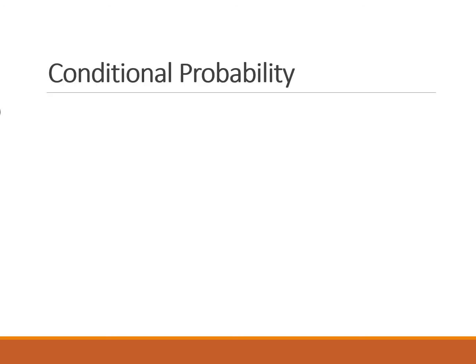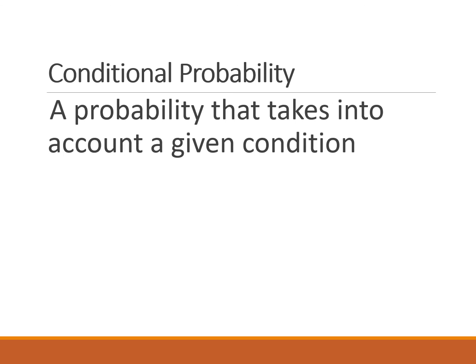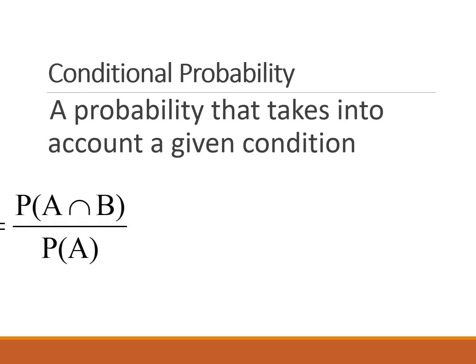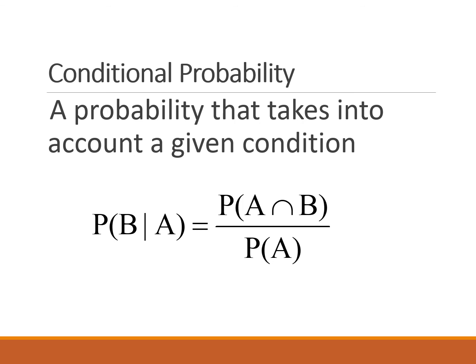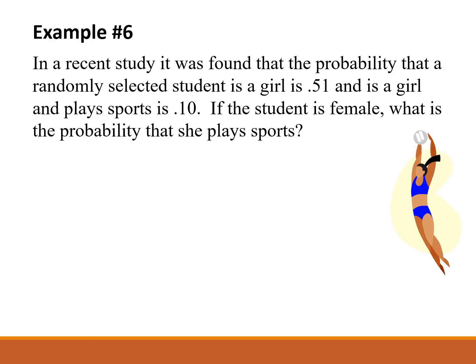All right, conditional probability again before we start. It is a probability that takes into account a given condition. Remember, the probability of B given that A occurred first, or I know A happened, or I have information about A. So this is just using the formula. In a recent study, it is found that the probability that a randomly selected student is a girl is 50%.